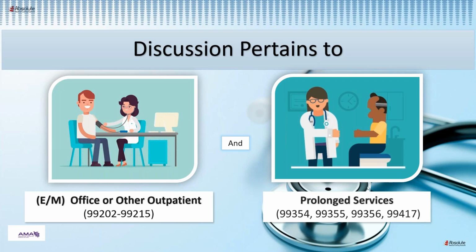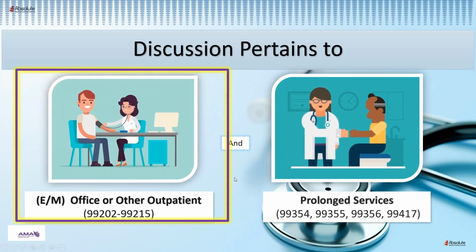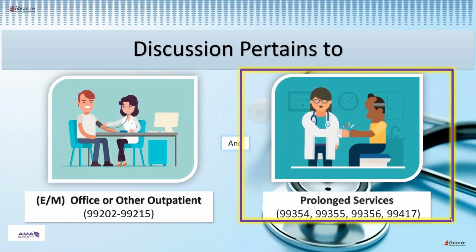All right, so now that you have learned how to select the appropriate level of service for office or other outpatient encounters, specifically codes 99202 through 99215, let's go ahead and take a look at prolonged services.